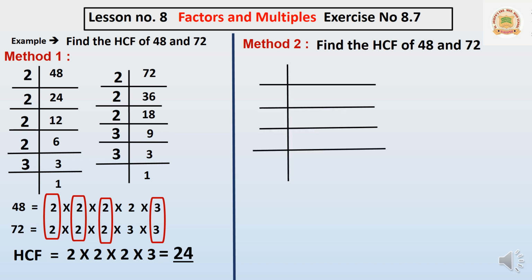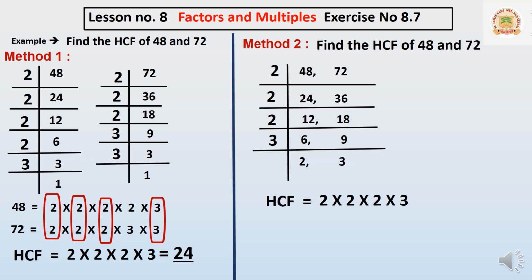Method number 2 is also the same, by division method only, but here we divide the two numbers together, children. In method 1 we divided separately and wrote the factors separately, then found the common factors. Here we directly divide two numbers together. 2 24s are 48, 2 36s are 72, 2 12s are 24, 2 18s are 36, 2 6s are 12, 2 9s are 18, 3 and 3. So the common factors are 2 into 2 into 2 into 3, that is 24.